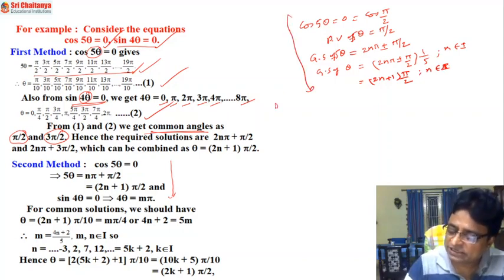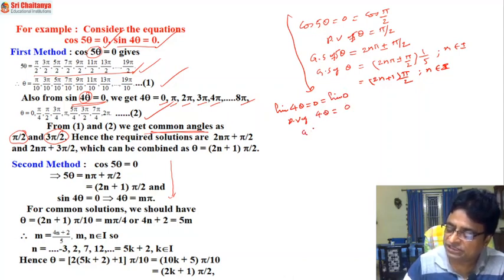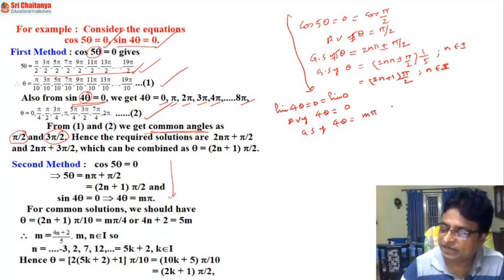Similarly, let us solve the second equation. sin 4 theta equal to 0. This can be written as sin 0. So PV of 4 theta equal to 0. So GS of 4 theta, this is m pi plus minus 1 whole power n into alpha, but alpha is 0.